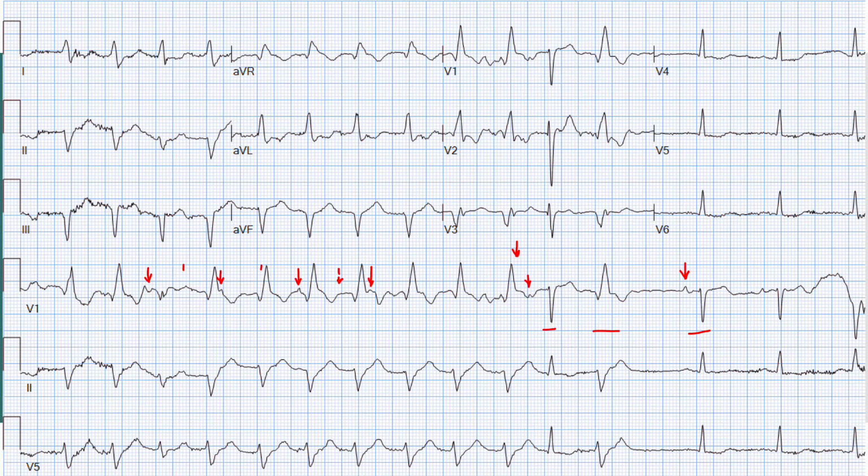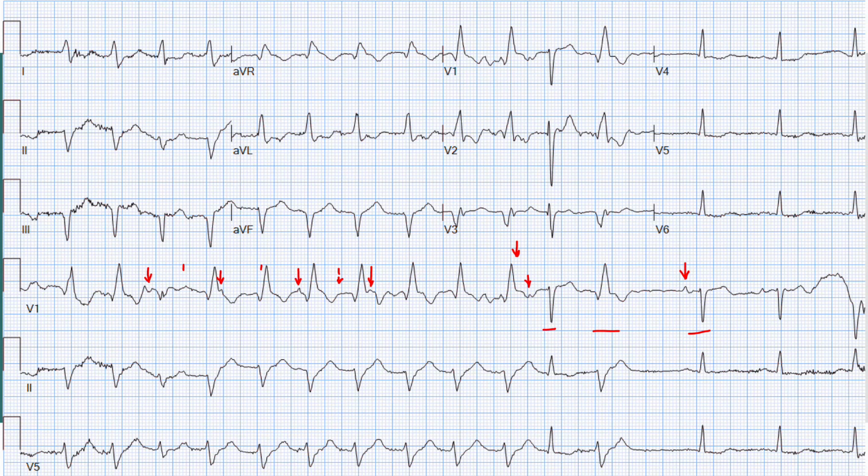Narrow beats in the wide complex can suggest SVT because, say it is an SVT or sinus tachycardia with a bundle branch block, and there's a PVC, it'll fuse with the bundle branch block and make a narrow beat within your SVT with aberrancy. Or if the bundle branch block resolves for one beat or a couple of beats, you would see narrow beats within the wide complex in an SVT.